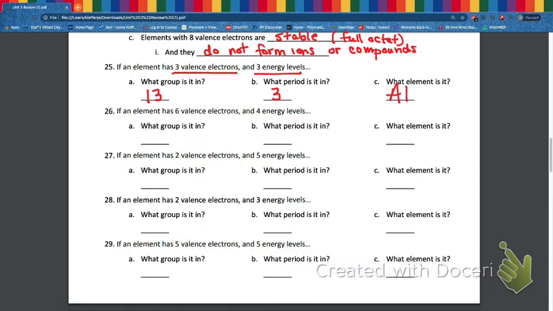Okay. So an element has 6 valence electrons. That means it's in column 16. And it's in the 4th period because there's 4 energy levels. And so the element is selenium.